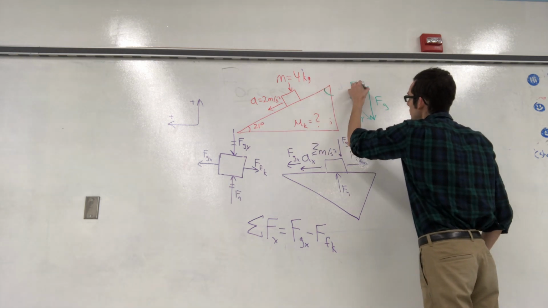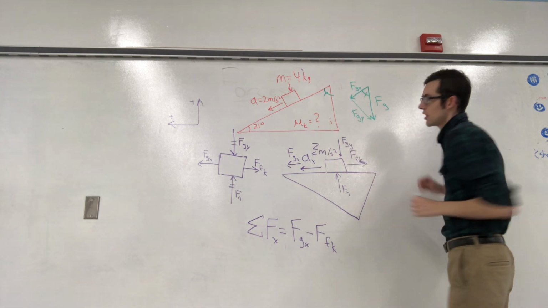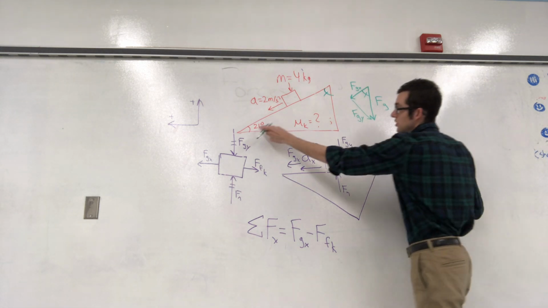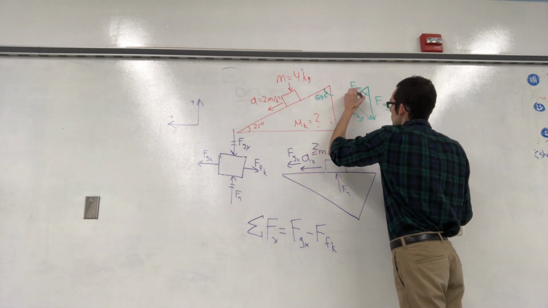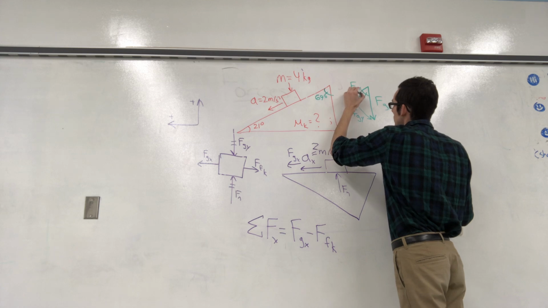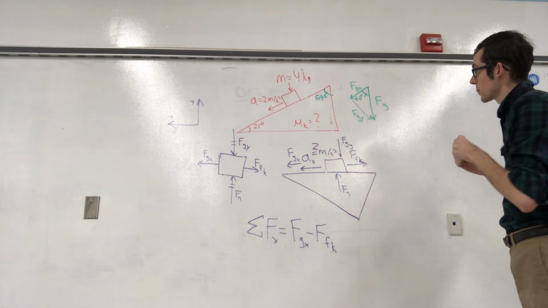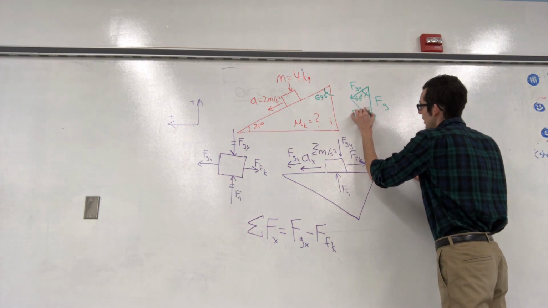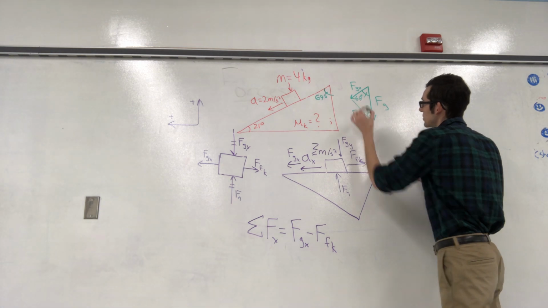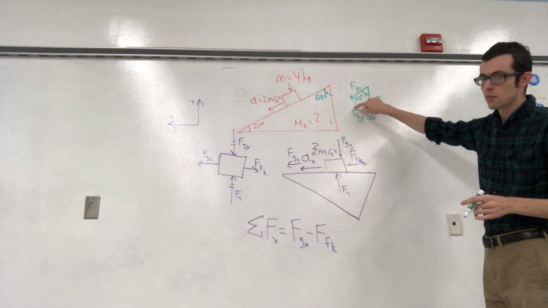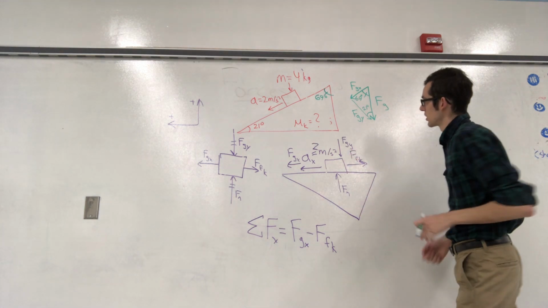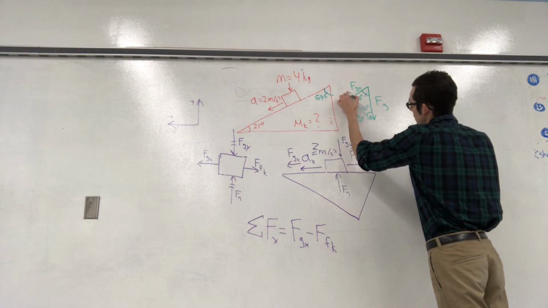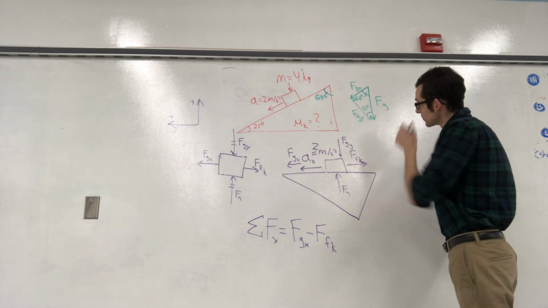So these two angles have to be the same, which means if this is 21, this would be 69 degrees, and this must also be 69 degrees. So that means that this angle down here is our 21 degrees, because FGX and FGY will always be perpendicular to each other. The x and y directions are perpendicular by nature. So this is a 90-degree angle on the corner of our triangle.